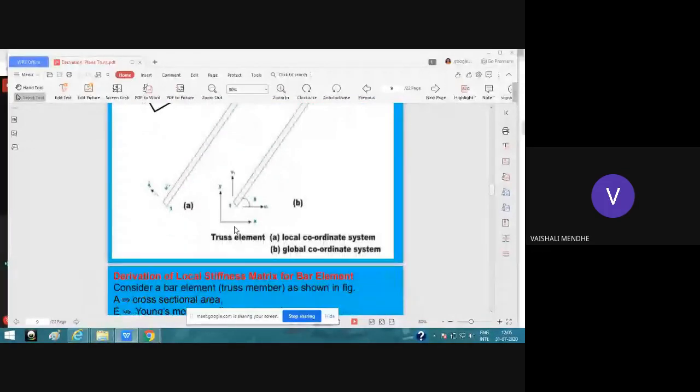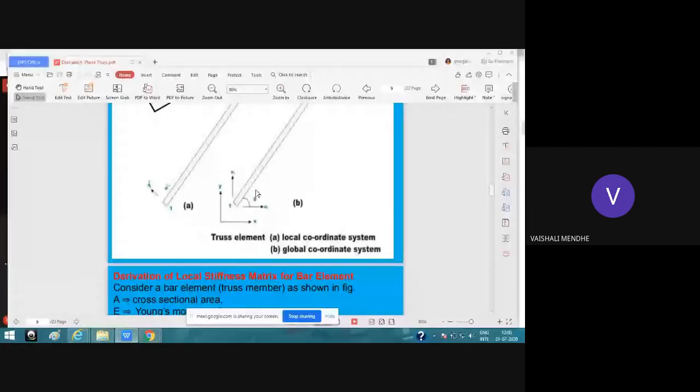Now we will see the derivation. We have to take three derivations here for assembling the stiffness matrix, and that stiffness matrix will be used for solving the problem.